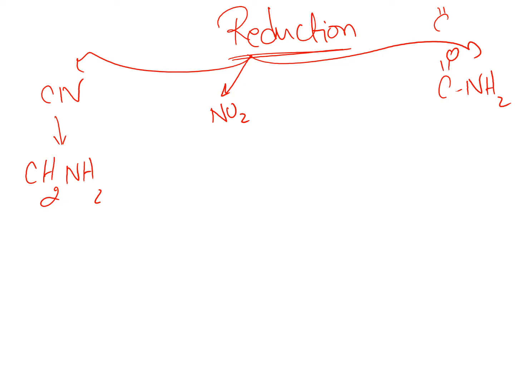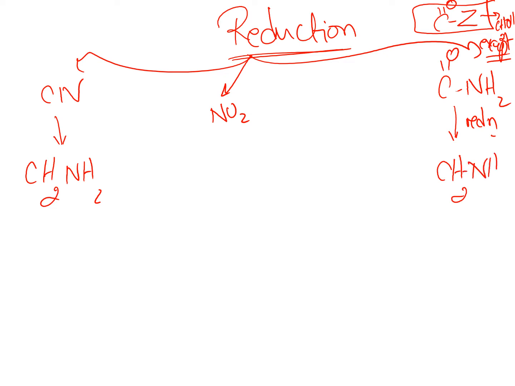All acid derivatives, when they were reduced, produced primary alcohols, except for the acid amides. We said that acid amides, upon reduction, produce primary amines. So you will reduce acid amides using whichever reducing agent you want, resulting in the primary amine.